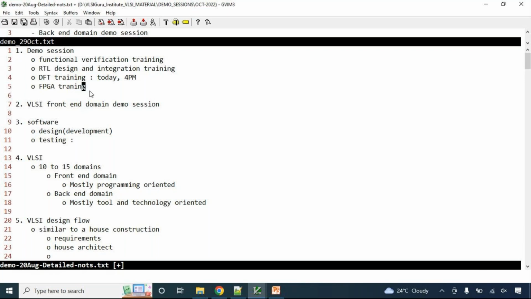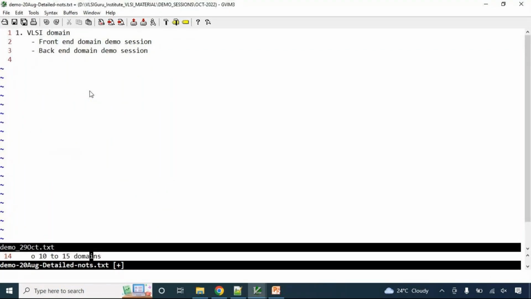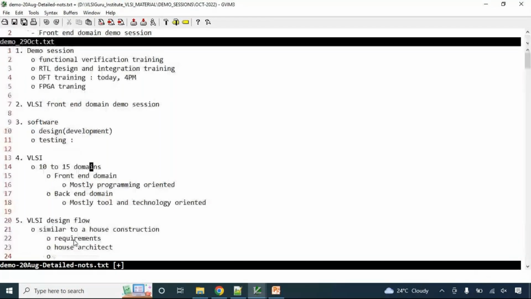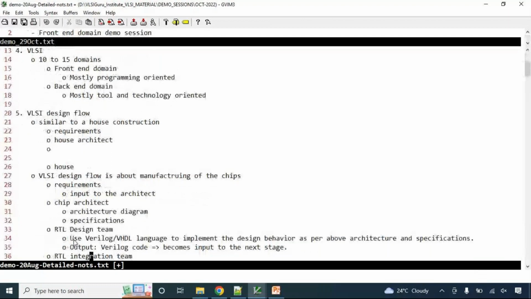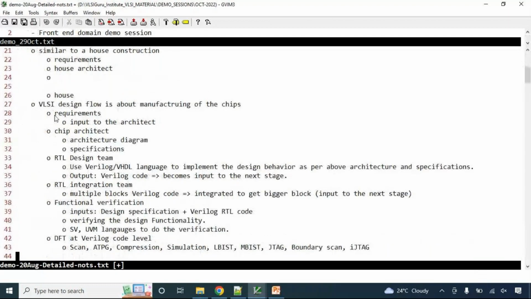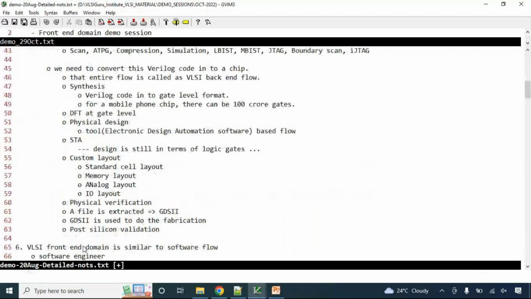As I was telling you, VLSI is divided into majorly two domains: front-end domain and back-end domain. The VLSI domain itself consists of a lot of things, starting from requirements till the chip gets manufactured and is used in the final product.